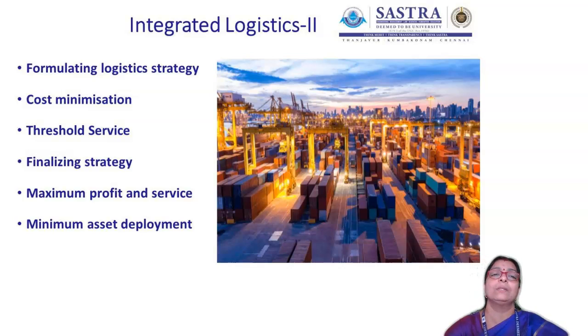The cost format recommended for total cost analysis is to group all functional costs associated with inventory and transportation. So what is required here? The total cost integration provides a simultaneous analysis of time and space related cost. We concentrate time and space related cost in the overall logistical network design. These are some of the concepts which we have seen under the heads of integrated logistics 1 and 2.